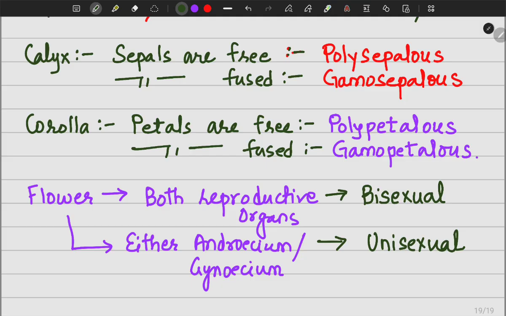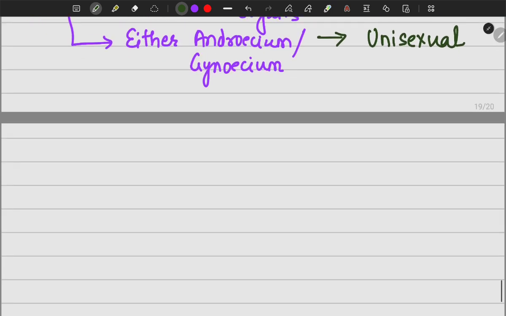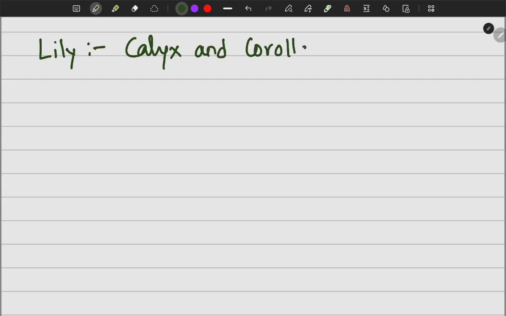Now if we talk about the calyx and corolla, in some of the plants the calyx and corolla are fused. They are not free or they are not distinct from one another. So one such plant is a lily, in which the calyx and corolla are not distinct. That means you cannot see the calyx and corolla separately.